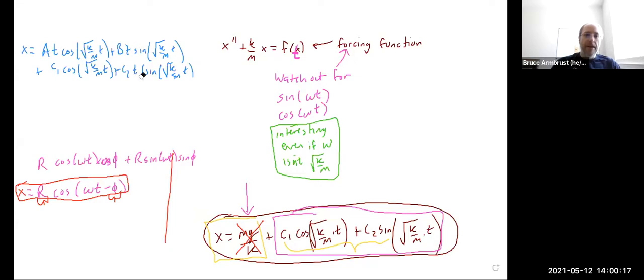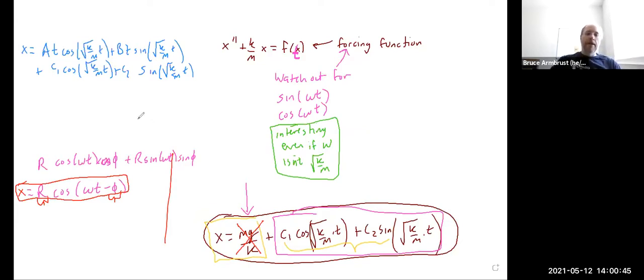All right, so the first two parts are from our particular, and these two are from our homogeneous. Hold on, there should not be a t on this piece. This should just be C2 sine.